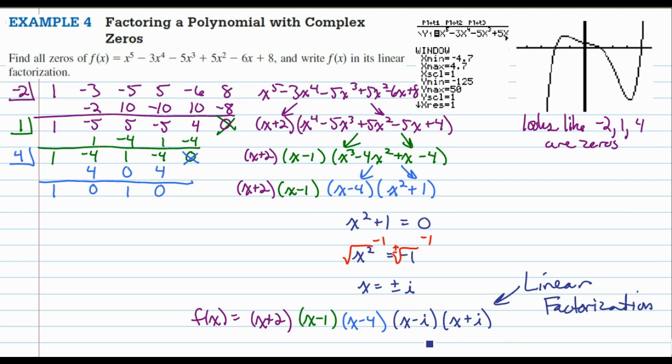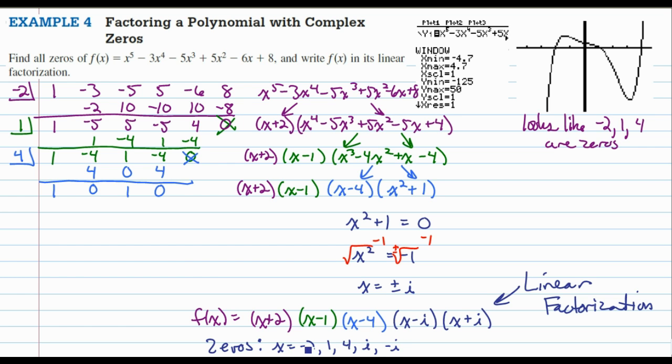It includes some imaginaries, which we don't usually work with, but in this case the directions said linear factorization, so I'm going to have some imaginaries in there. It also said find all of the zeros. So I'm going to list my zeros. They are x equals -2, 1, 4, positive i, and negative i.